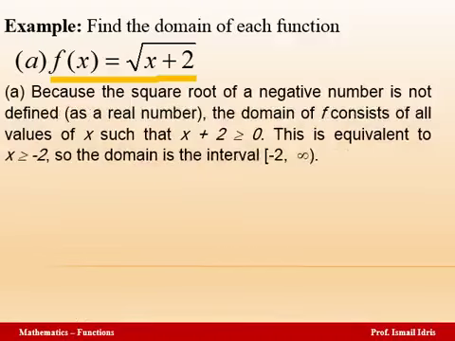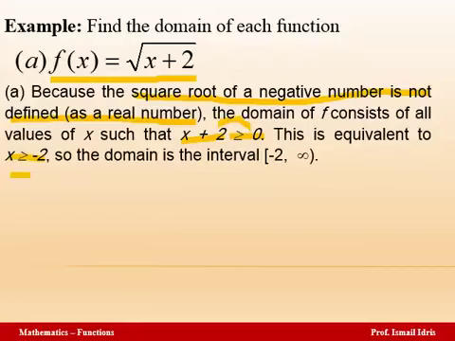So let us repeat this. The square root of a negative number is not defined. So x plus 2 must be greater than or equal to 0. But this means x must be greater than or equal to minus 2. You take minus 2 to the right side.